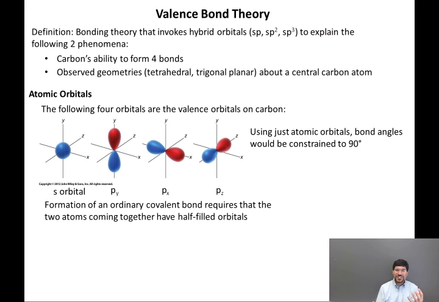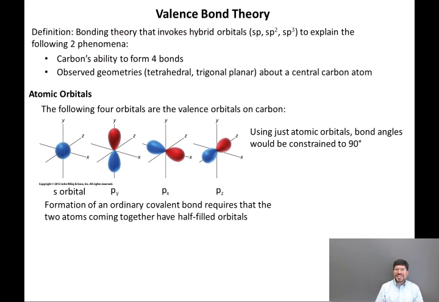But in order for that to work, each atom can only be contributing 1 electron, which means it has to have a half-filled orbital. If it has a completely filled orbital with 2 electrons, there's no room to share. There's no place for the hands to shake, for example, on the 2 atoms.